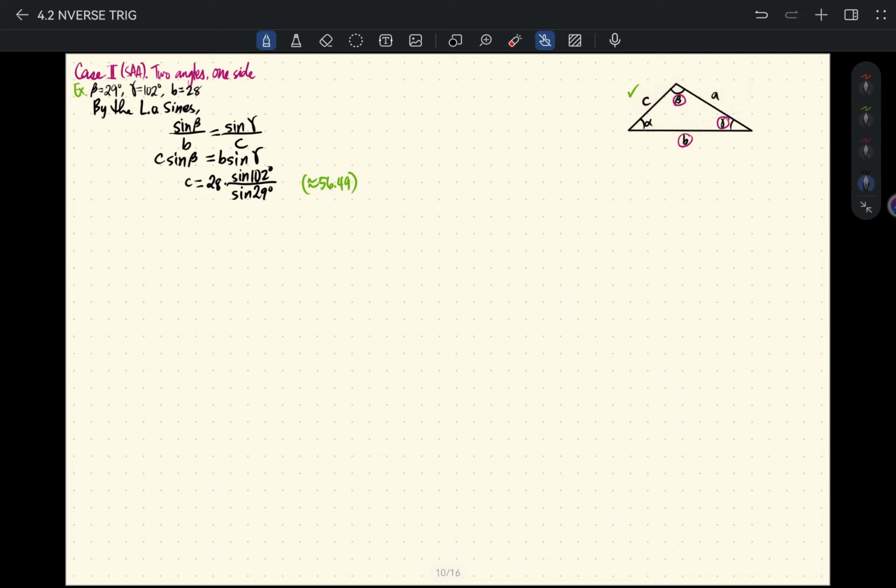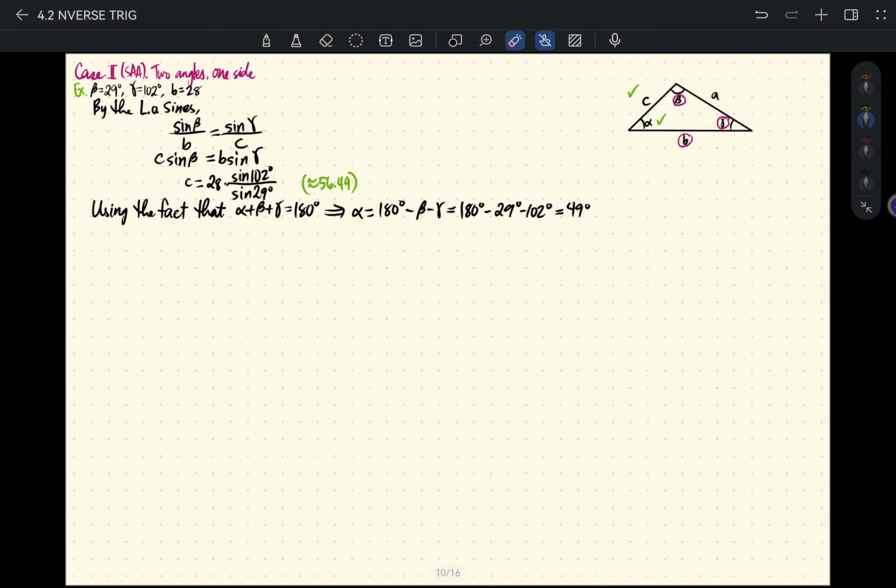We can find alpha by using the fact that alpha plus beta plus gamma equals 180 degrees, so we have that alpha equals 180 degrees minus beta minus gamma. So that's 180 degrees minus 29 degrees minus 102 degrees. We get here 49 degrees.